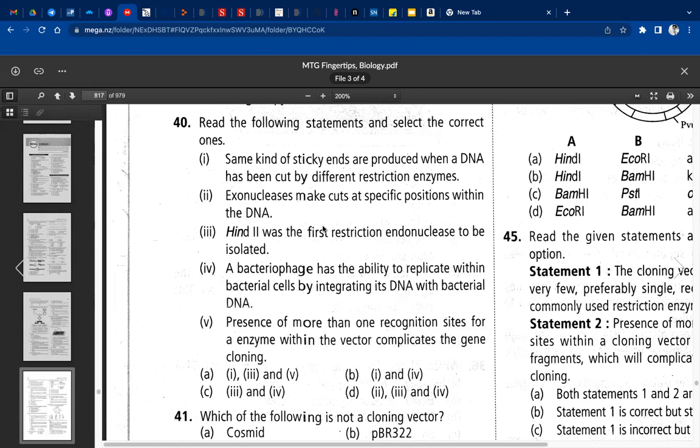Atif, would you like to just read again the statements that you think are correct?